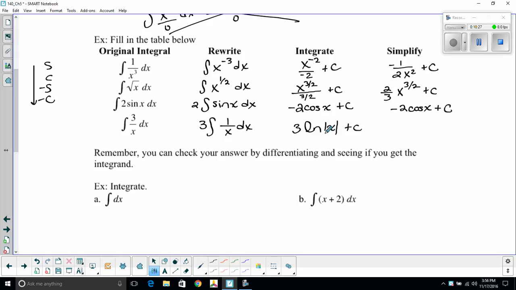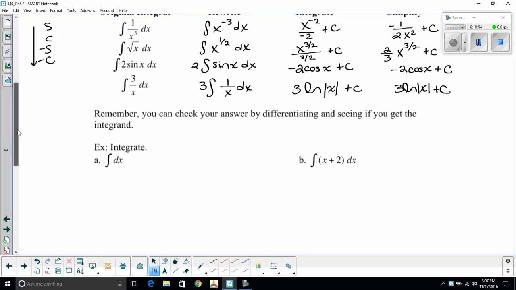Now you have to put absolute values around that when you go backwards, because this could have been negative, but this can't. So you have to have absolute values going that way. If you start with natural log, it's already understood that it can't be negative. So that's why you don't have to put them. But going this way, it originated from something that could have been negative, so we have to fix it. And that's it. There's nothing else to be done for that, so you just write it again.